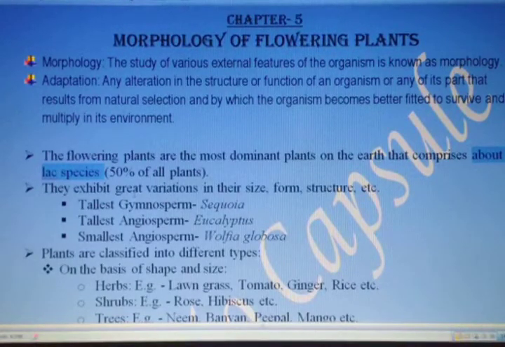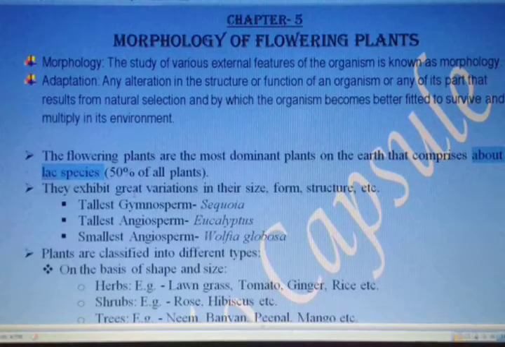Now there is a lot of variation exhibited in terms of the size, form and structure of the plant group. When we talk about the tallest plant, as we have discussed earlier, it is Sequoia sempervirens, which is actually a gymnosperm.